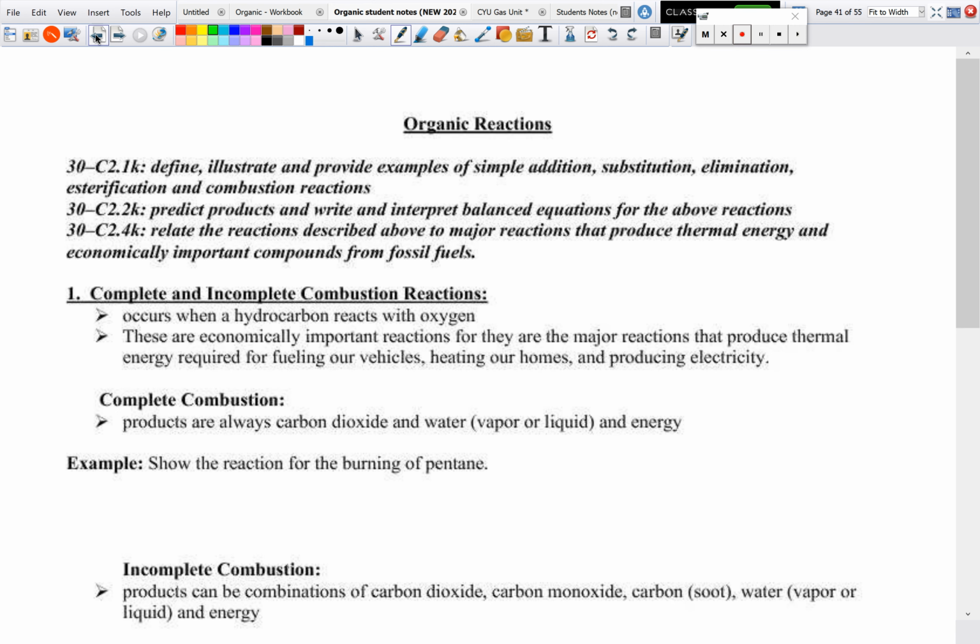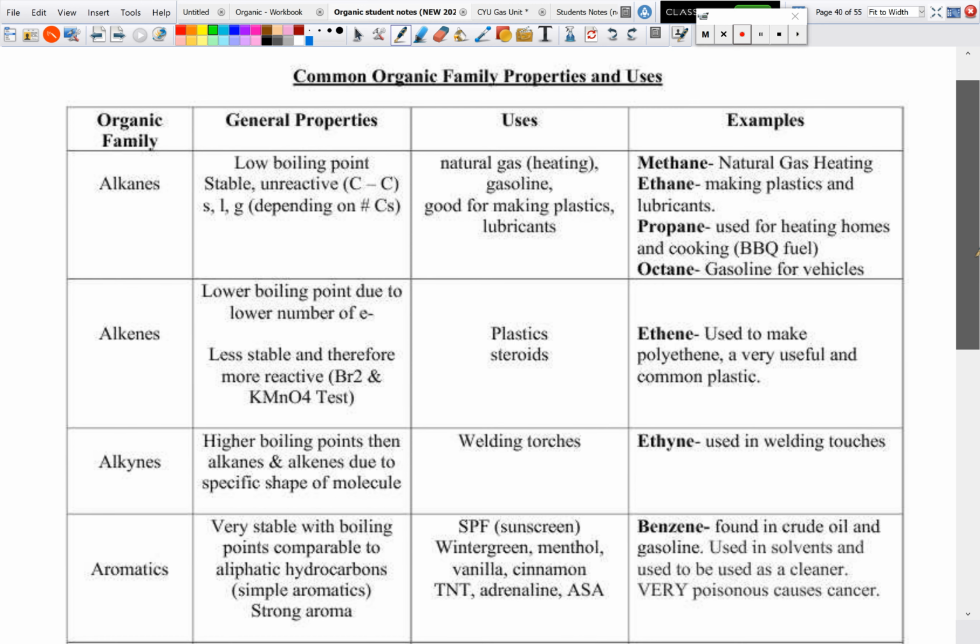Now, last but not least, before we get into organic reactions, please have a look at this right here. It's just common organic families, their properties, and their uses. For the most part here, just look at the uses. You'll notice that all different organic molecules do have very common uses. All right, and you will need to be familiar with the general examples right here.